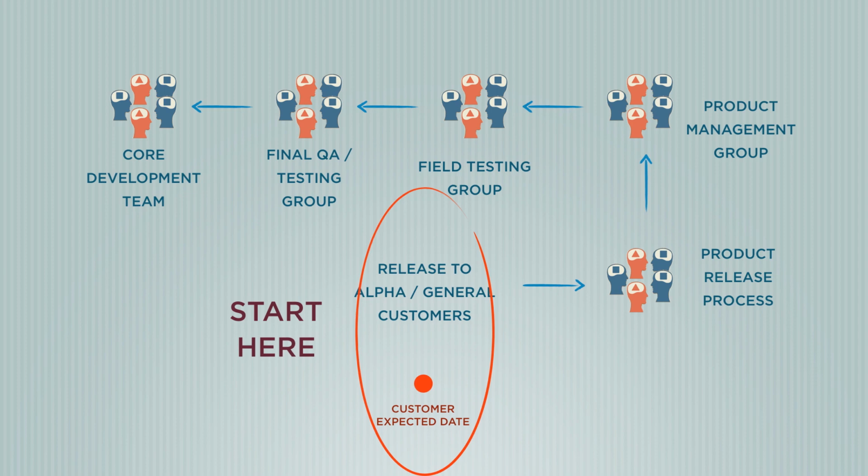And then you back up to the field testing, and then you back up to field QA, and then final QA, and then you back up to core development. So all the way you will have to back up to when you need to make your requirements ready, because you need to give engineering some time to scope their effort.